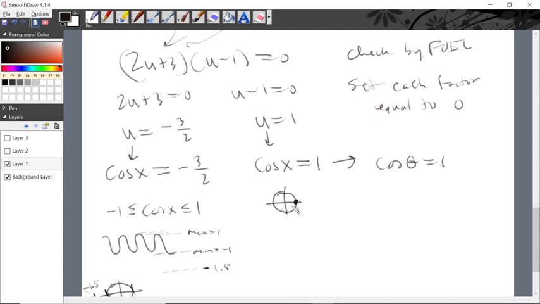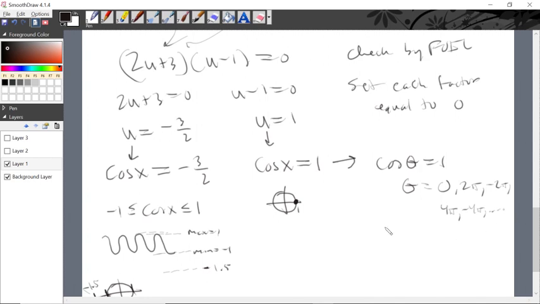Well, one value of the angle would be 0 degrees or 0 radians. I'm going to stick with radians for right now. Another value of an angle that would put us right there would be 2 pi. Another value would be -2 pi, and another one would be 4 pi, and another one is -4 pi, and there's an infinite amount of these.